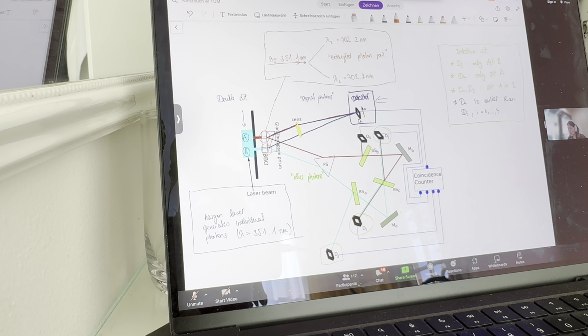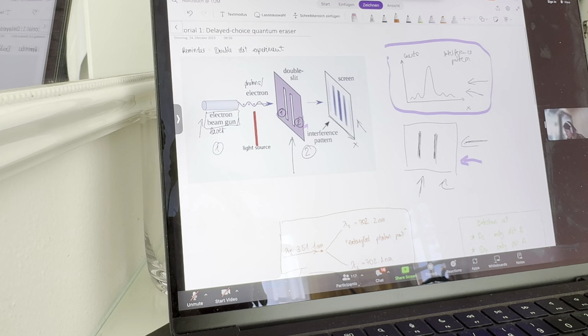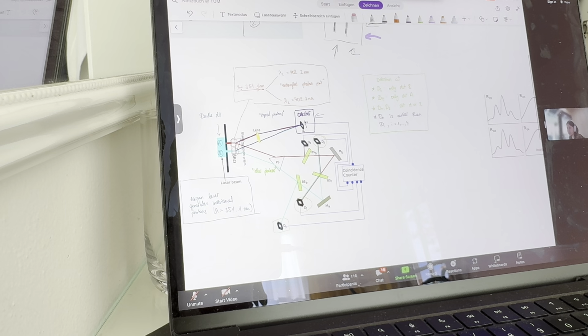The question is now what happens, or is there a difference, just like here in this double slit experiment, whether we could extract information about the slit through which the signal photon traveled? And yes, actually, there is a difference.